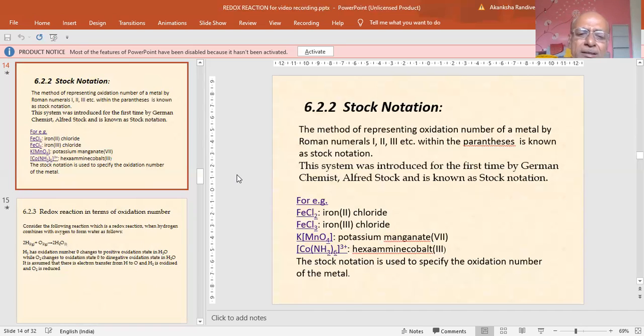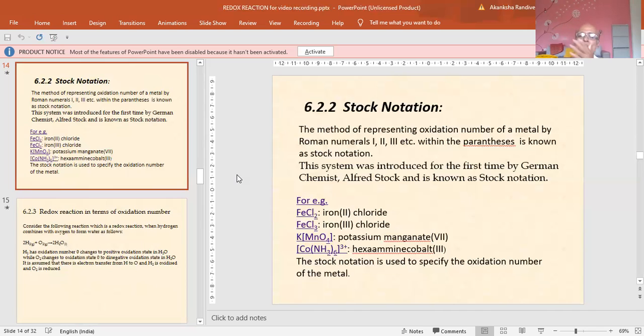Similarly, let us take another example to write the stock notation. Because this system was introduced for the first time by German chemist Alfred Stock. And therefore, this method, this system is known as stock notation from the German chemist Alfred Stock.